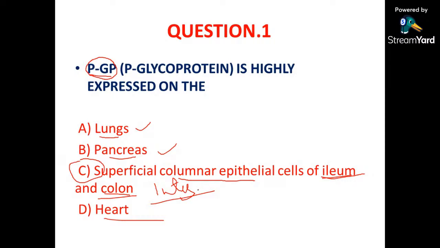As we have discussed, along with intestines, they are present in liver, blood-brain barrier, kidneys, and also in the blood testis barrier. These are different locations. So the first question answer is C. I think this question is clear to you all.